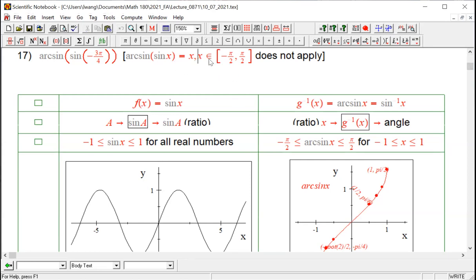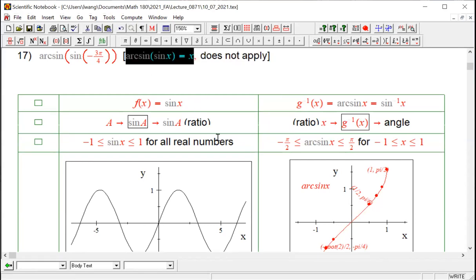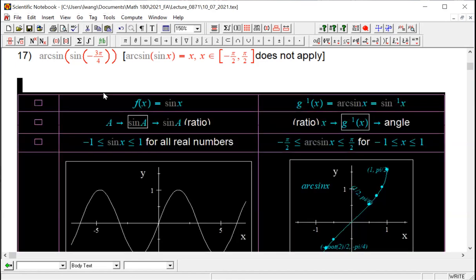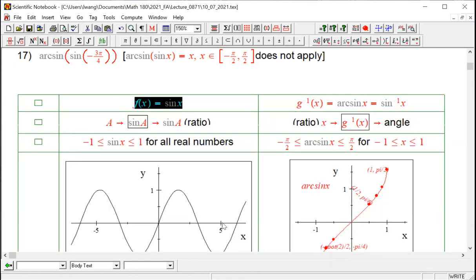See, they told you here. If I remove this, this would be a mistake. So it has to be otherwise specified. They didn't tell you that, therefore it means this sine. You follow me?